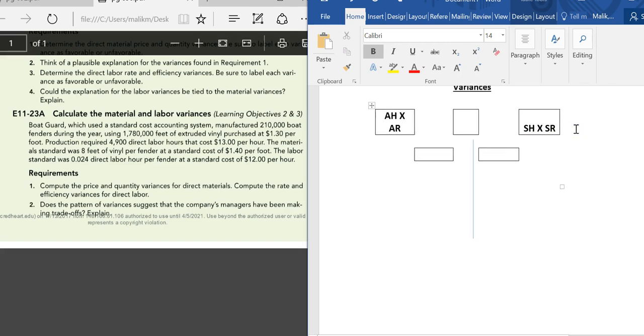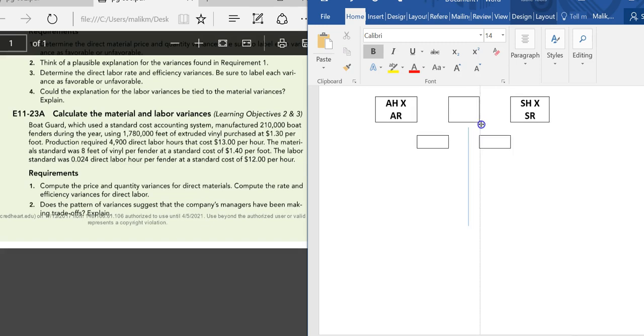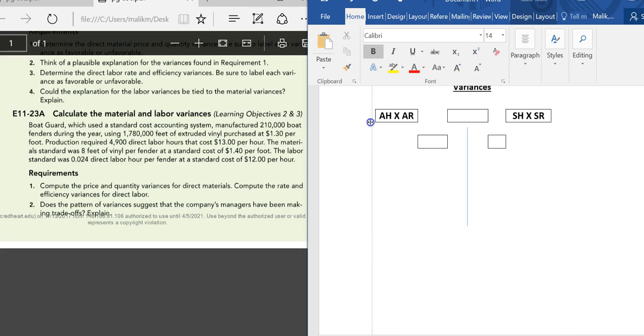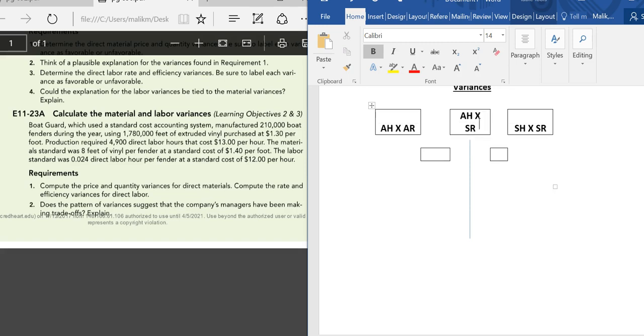And now in the middle box, we will actually show a combination of actual and standard. So again, here in the middle box, we will be using the actual hour, but we will use the standard rate. So here I am writing actual hour AH times SR.